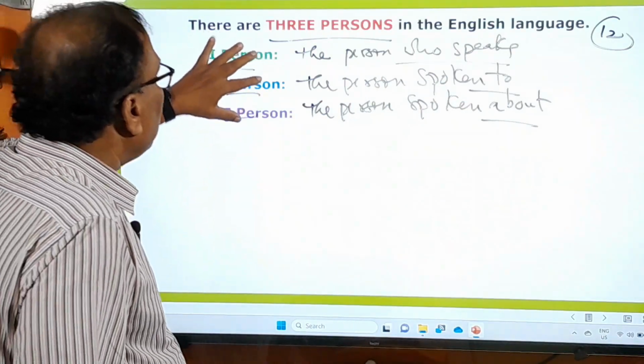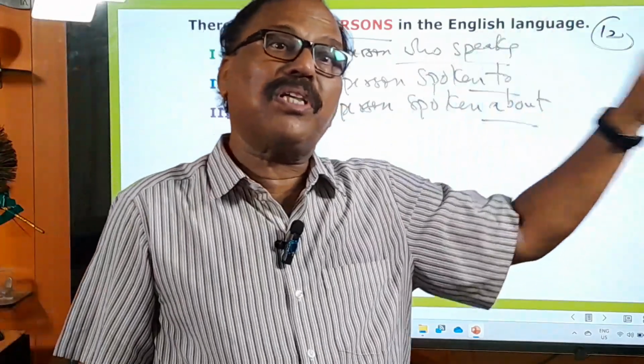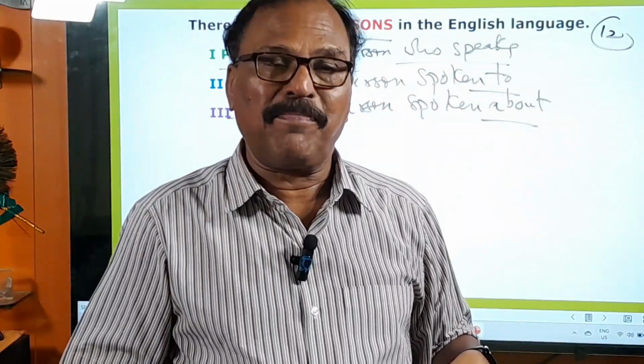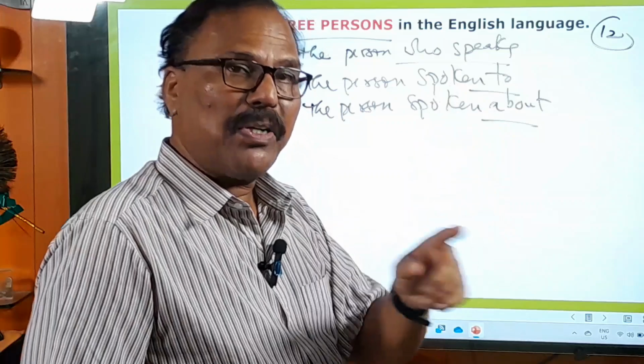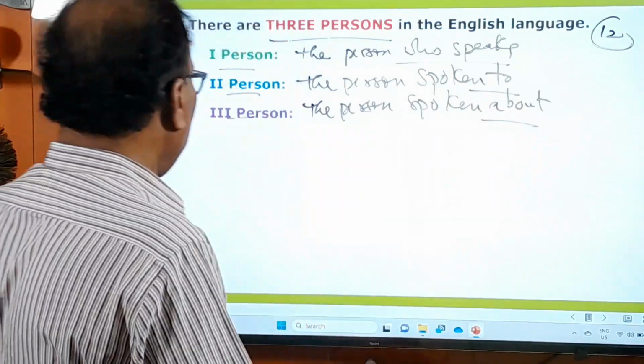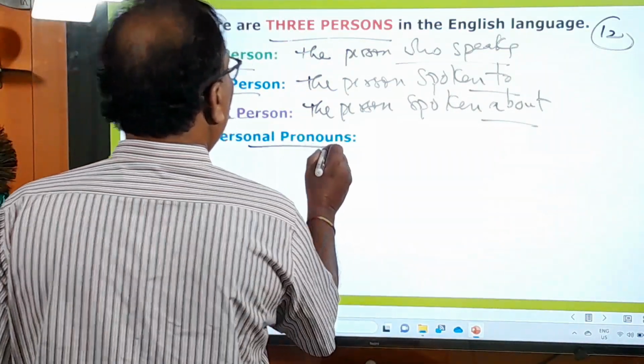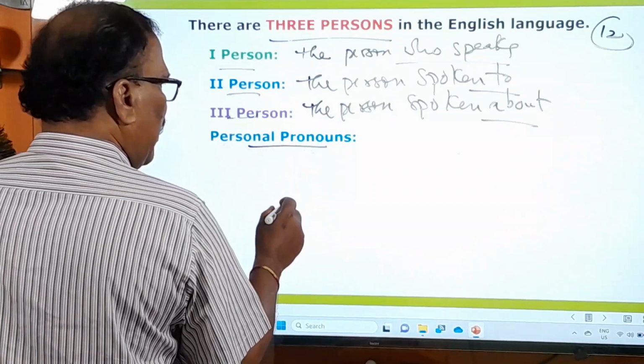And of these 3 persons, there are both singular and plural number also. ఈ పర్సన్స్ లో ఏకవచన బహువచన మాటలు ఉన్నాయి. అవి ఏమిటో చూద్దాం. Let us see that. Those are called personal pronouns. And here you see singular.